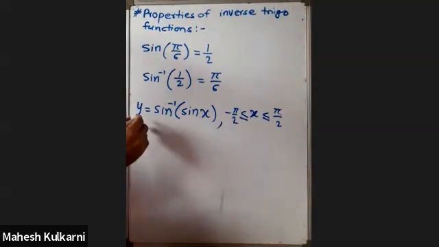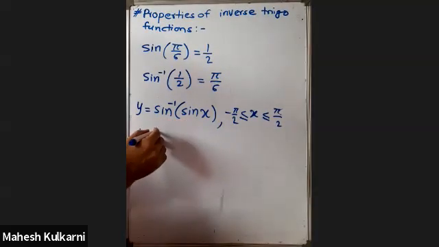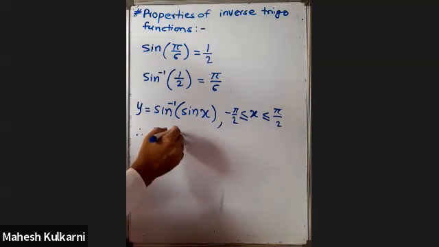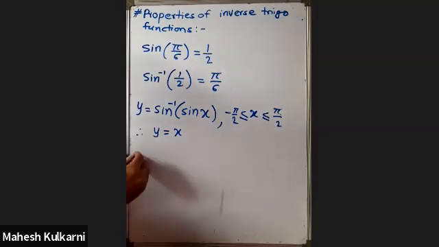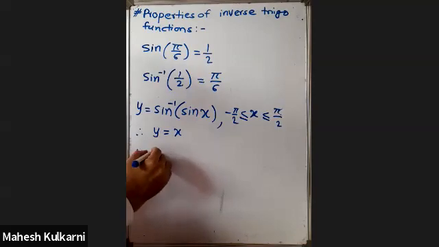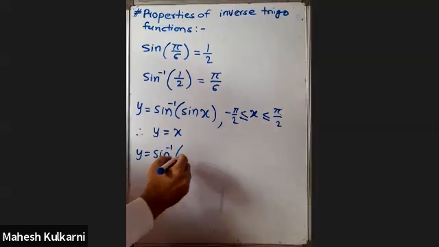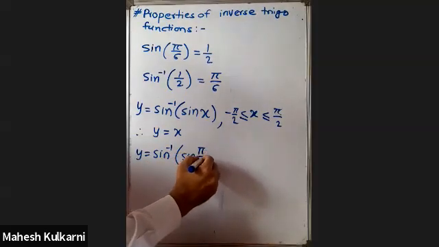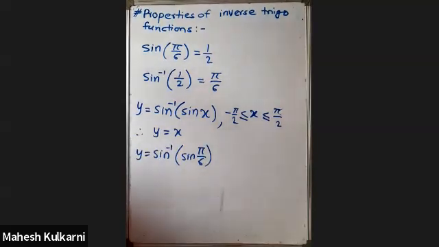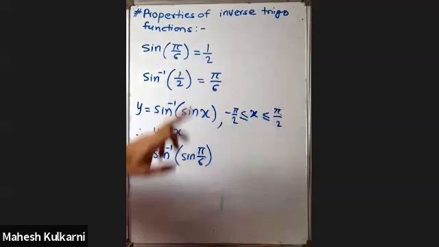Now, when y is equal to sine inverse of sine x, then y is equal to x. For example, if I write y is equal to sine inverse of sine pi by 6, so sine pi by 6 will be half.